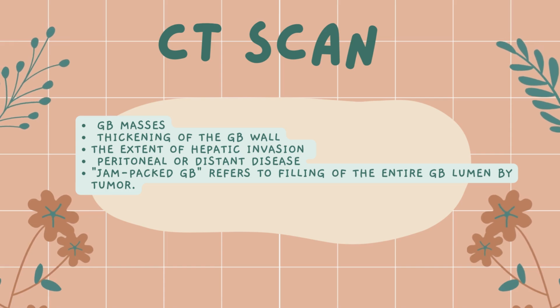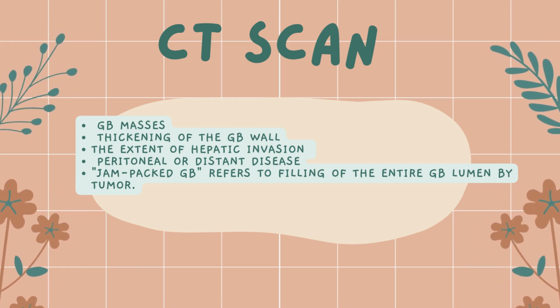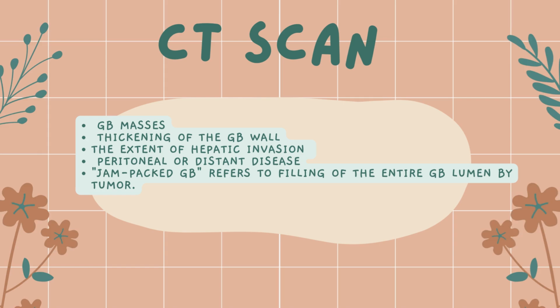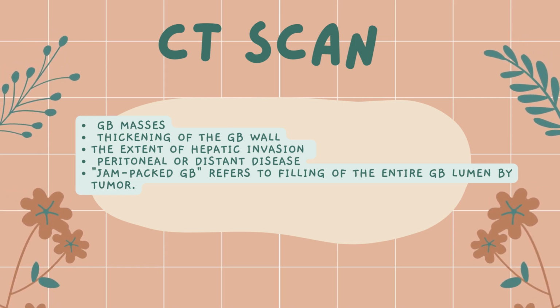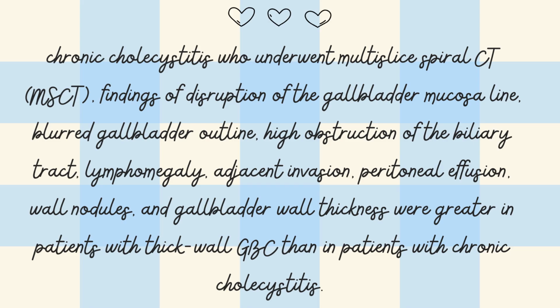A jam-packed gallbladder means filling of the entire gallbladder lumen with tumor. In patients with chronic cholecystitis who underwent multi-slice spiral CT scan, findings of disruption of the gallbladder mucosal line, blurred gallbladder outline, high obstruction of the biliary tract, lymphadenopathy, adjacent invasion, peritoneal effusion, wall nodules, and gallbladder wall thickening were greater in patients with gallbladder carcinoma than in patients with chronic cholecystitis.